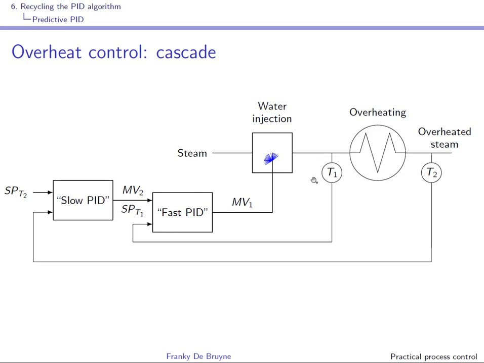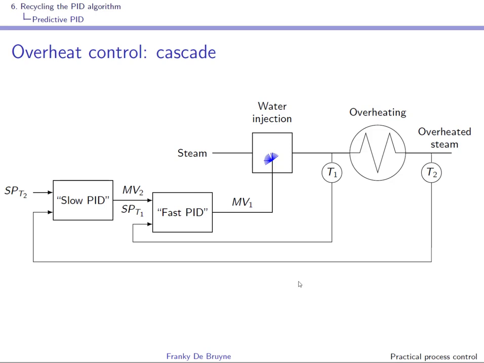The temperature is measured at the entrance and exit of the overheater, and since the water injection has a direct influence on T1 and it takes more time to see the influence on T2, here it clearly makes sense to use a cascaded control structure for the temperature control.